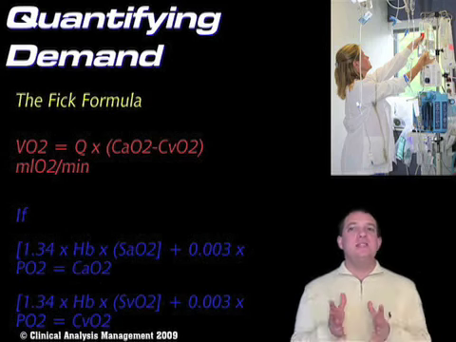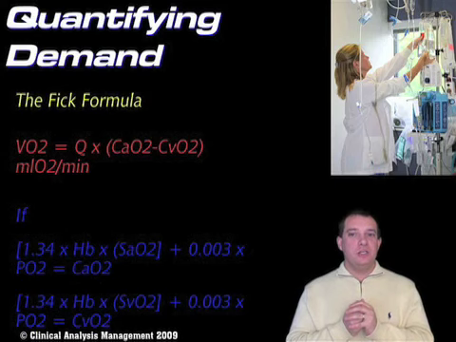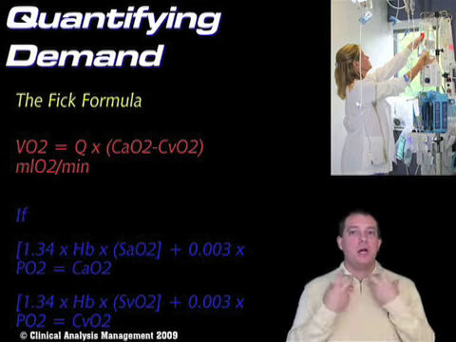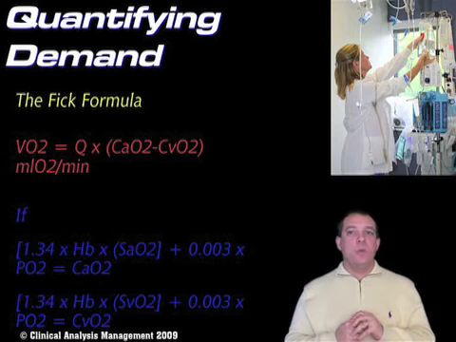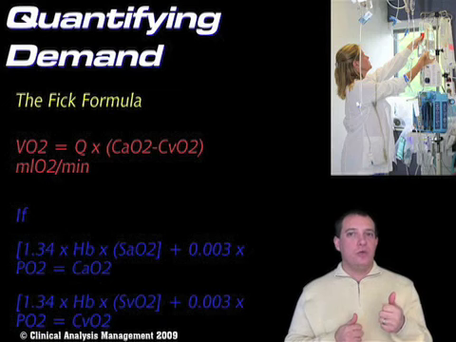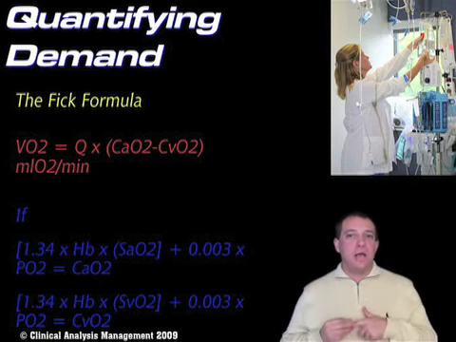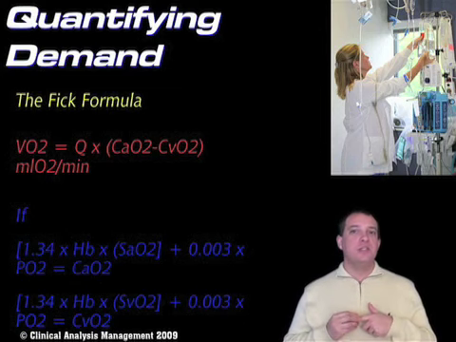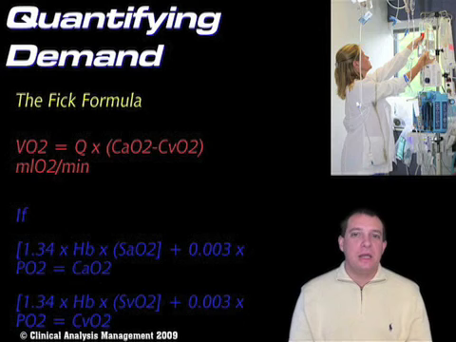So probably an easier way to say this is, when we're trying to figure out how much oxygen the patient is using, we look at their SaO2, their oxygen saturation in the arterial blood, minus their SvO2, which is the oxygen saturation in their venous system. And if you think about that, that makes sense.